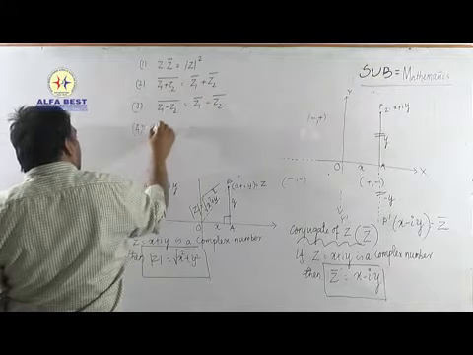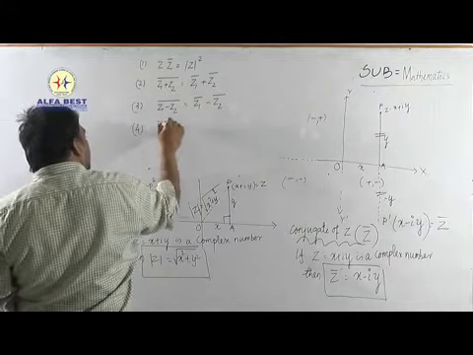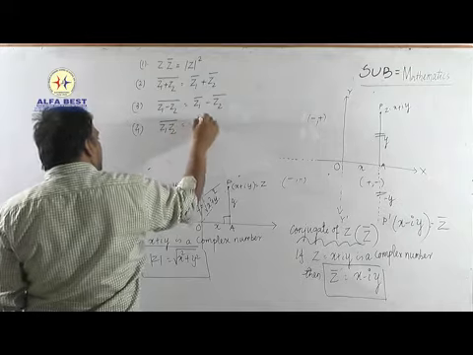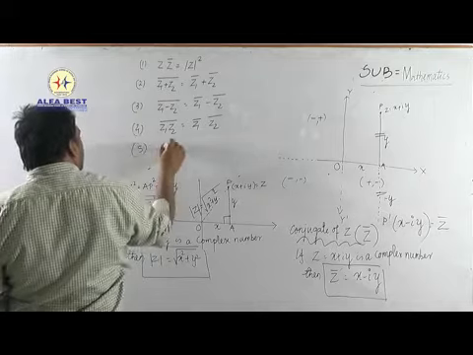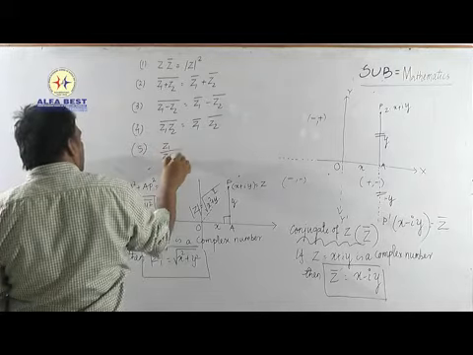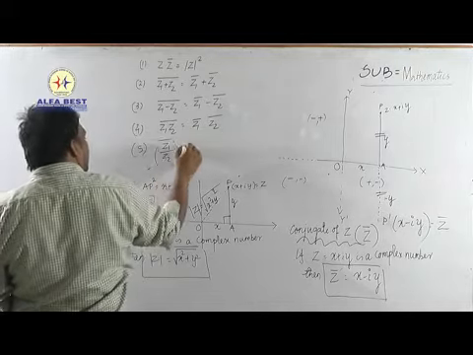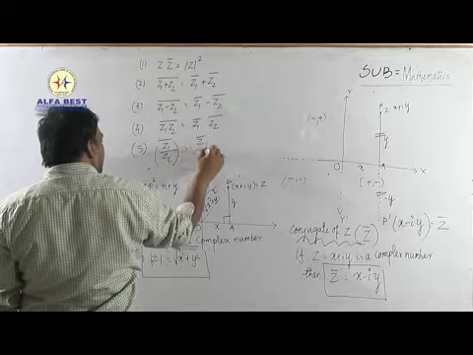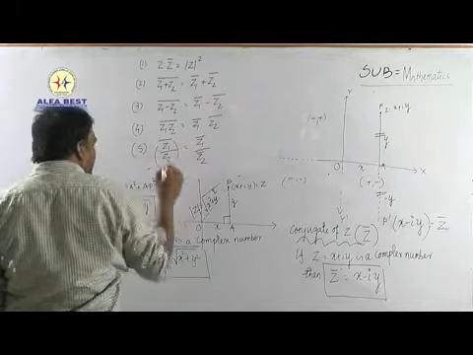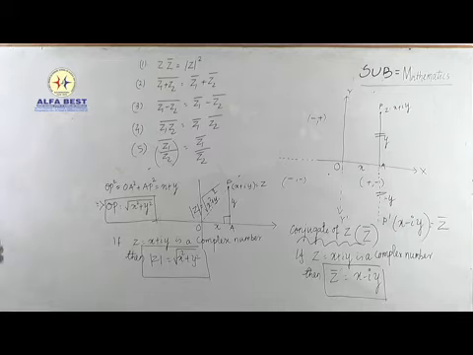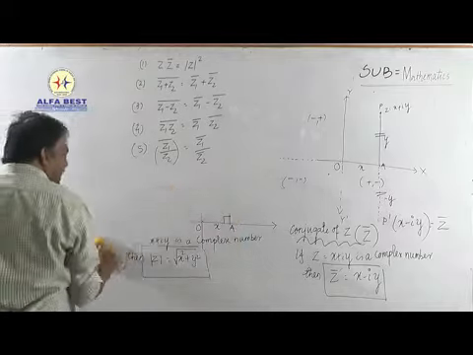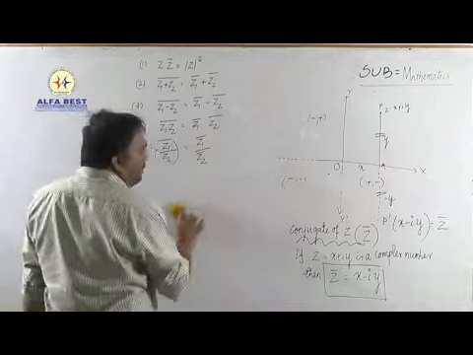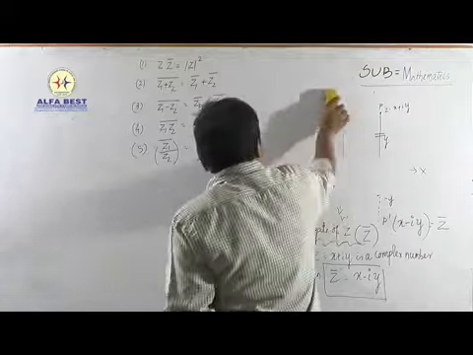Then z1 into z2 whole conjugate is equal to z1 conjugate into z2 conjugate. And the fifth one is z1 by z2 whole conjugate is equal to z1 conjugate divided by z2 conjugate. So we'll prove these 5 things about the conjugate and modulus of a complex number.